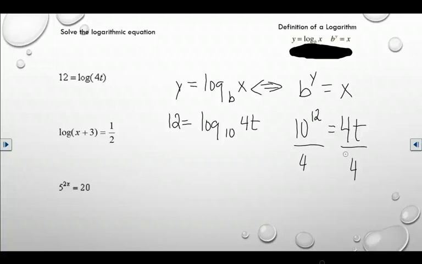So that's how you use the definition of logarithm. So now that you know how to use it, go ahead and do 2 and 3. Go ahead and do 10 to the 12th over 4 on the calculator as well. You don't want to start messing with something.